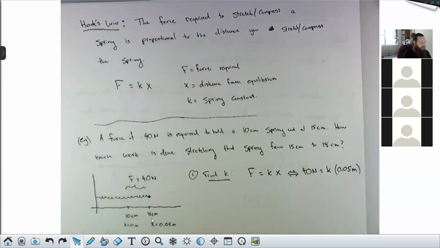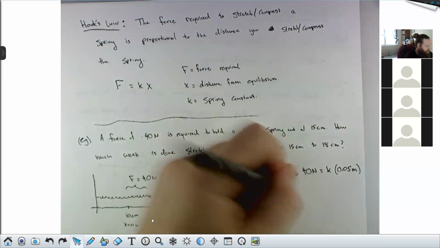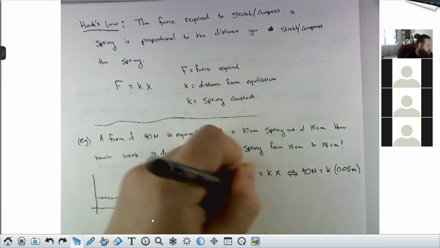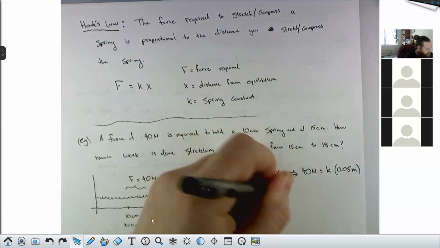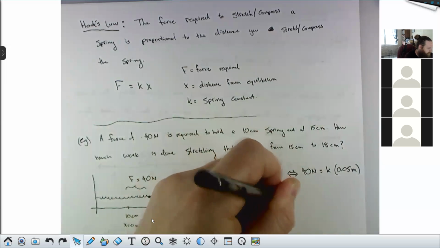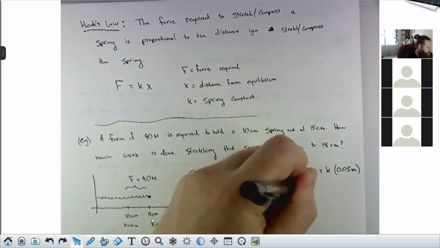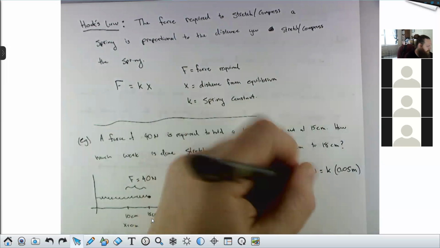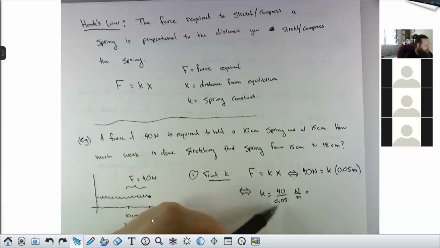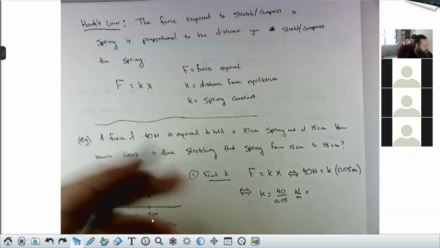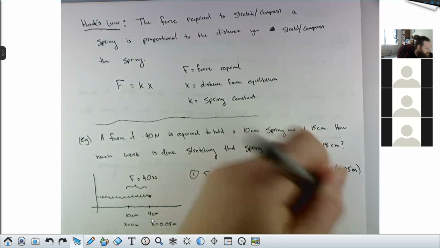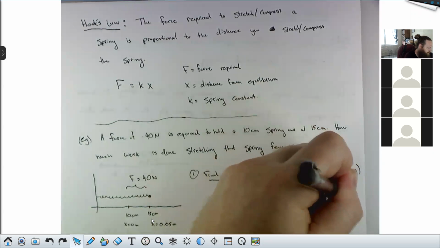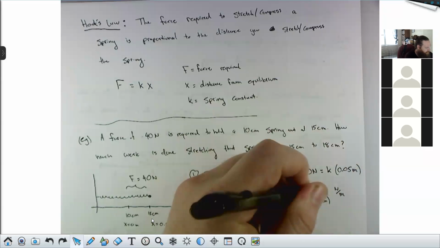If you divide both sides by 0.05, you'll find that K is 40 newtons divided by 0.05 meters. So the units here are newtons over meters. And 0.05 is 5 over 100, so this is 40 divided by 5 over 100 newtons per meter.